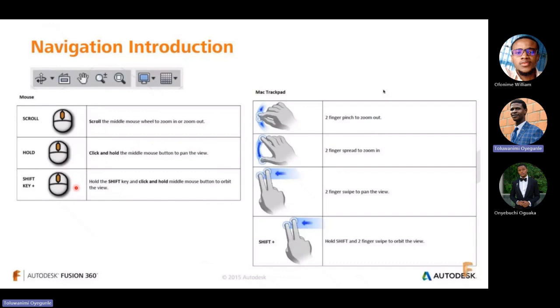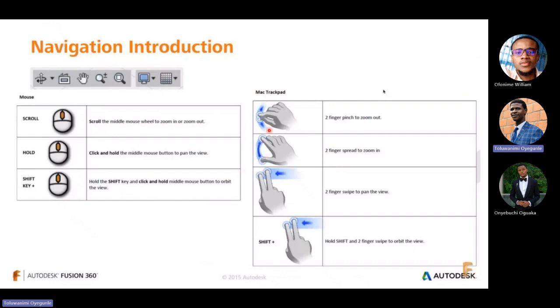Then the final function here for the mouse: if you want to orbit your screen, you press the Shift key alongside the middle mouse button, hold it down, and you can use it to move around the area of your canvas. All this can be done also if you have a MacBook. I know some people have that, right?